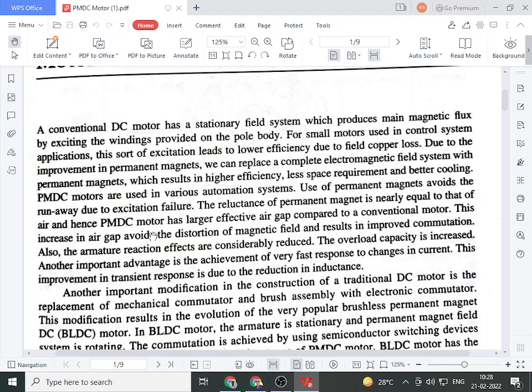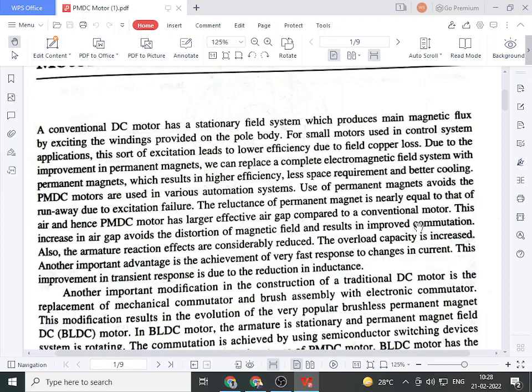Whatever reluctance air has, the same reluctance is there for the permanent magnet. So the effective air gap length increases.